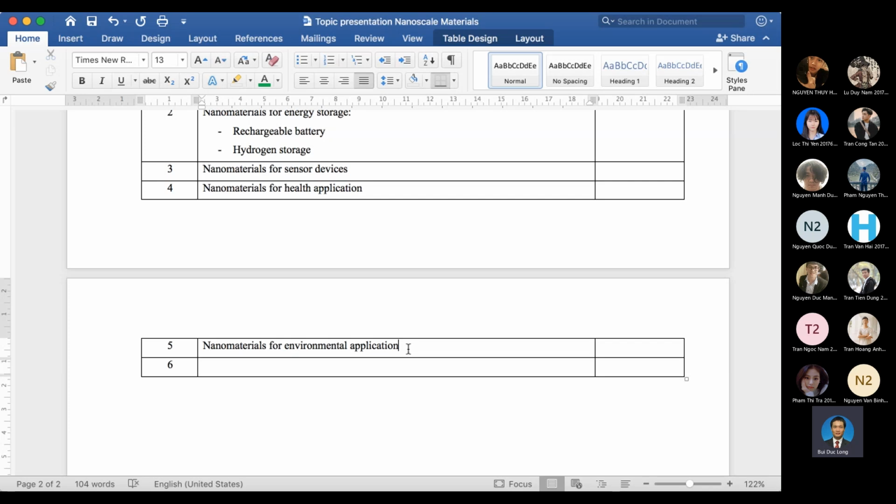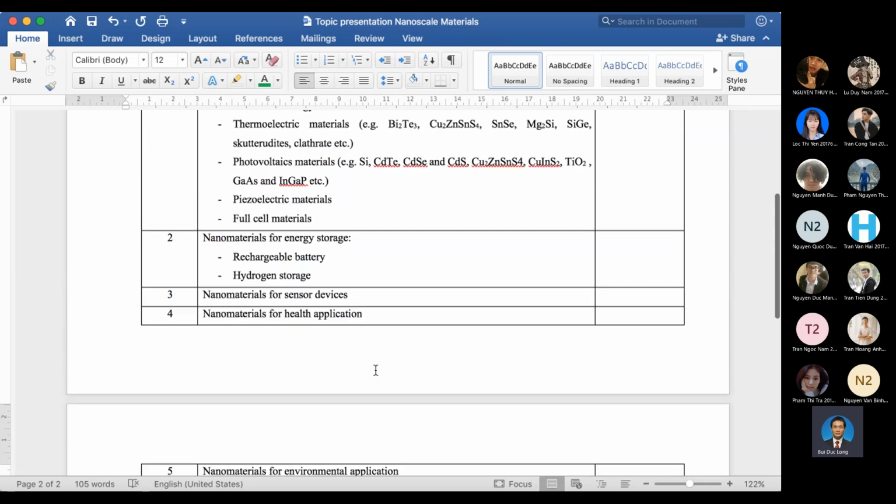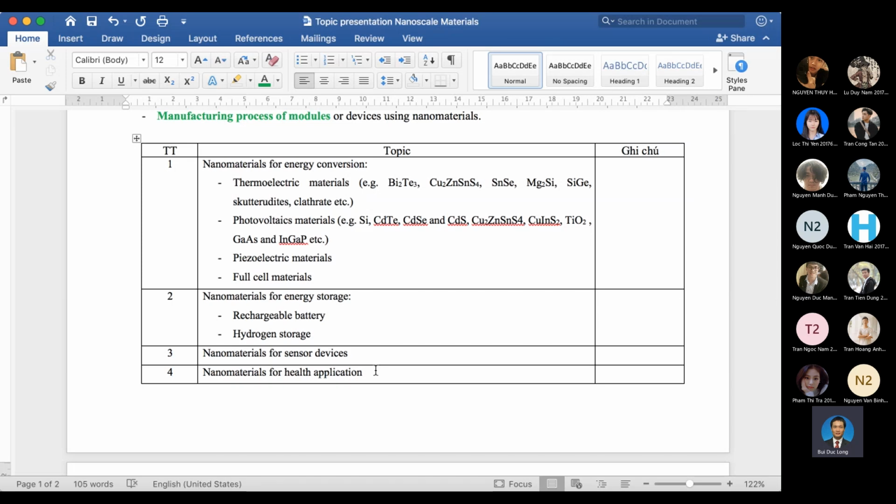Or you can use a nanoparticle material structure, for example titanium dioxide, that can absorb CO2, so it can also solve air pollution. And so on. You can propose what material for what application you want to present. So here is just my suggestion for you.